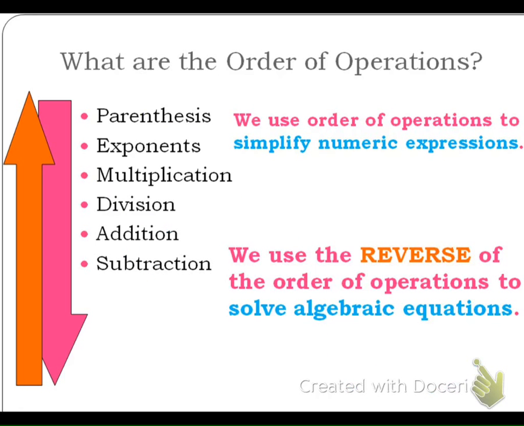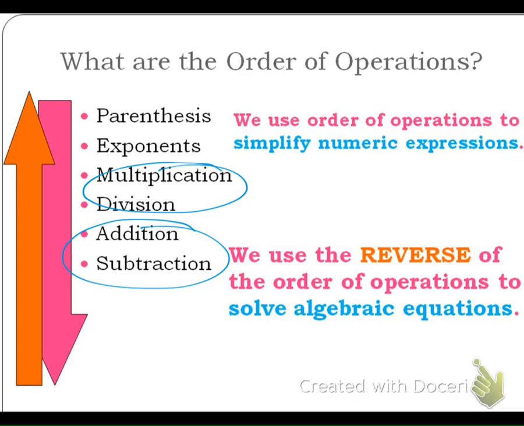You learned when you were simplifying numeric expressions that you had to use the order of operations: please excuse my dear Aunt Sally, parentheses, exponents, multiplication, division, addition, and subtraction. You remembered that all multiplication and division was done at the same time, same with addition and subtraction, as you work from left to right.